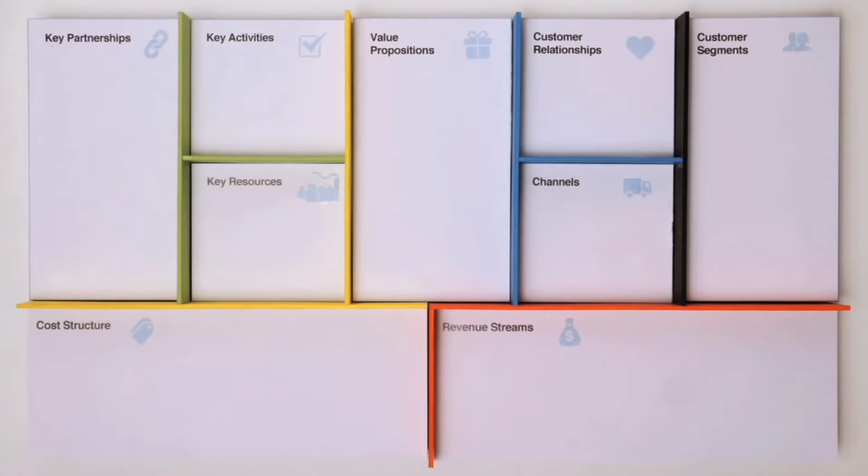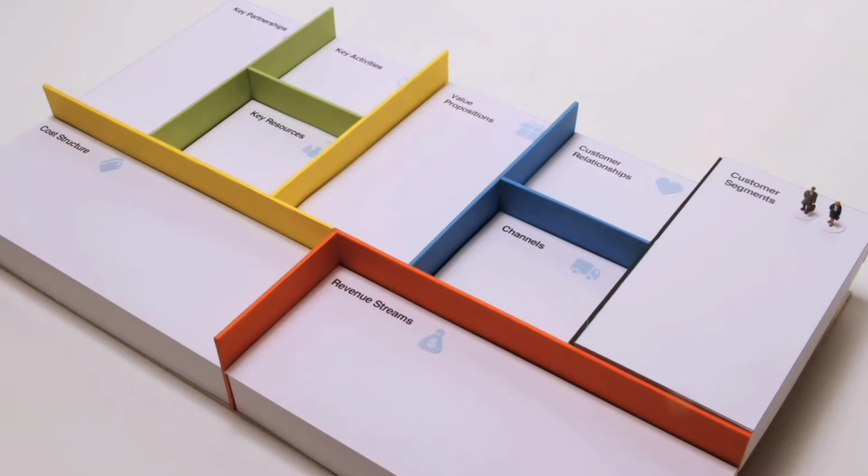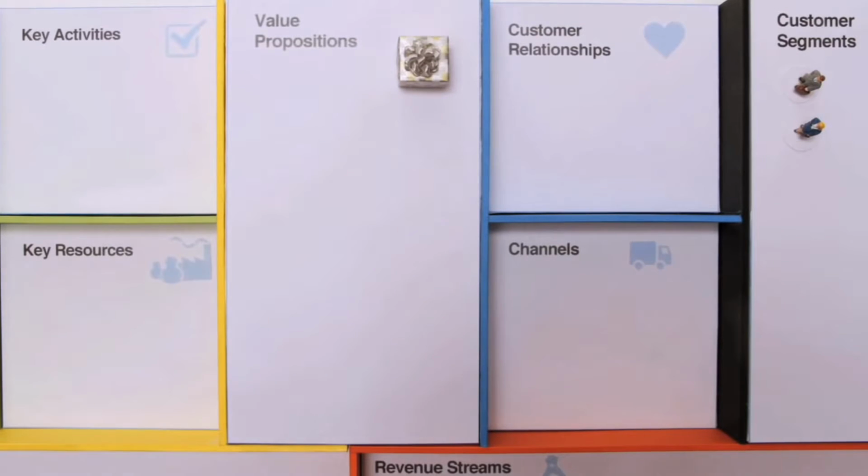business models. Let's briefly go through the 9 building blocks, starting with the customer segments. These are all the people or organizations for which you're creating value. This includes simple users and paying customers. For each segment, you have a specific value proposition. These are the bundles of products and services that create value for your customers.